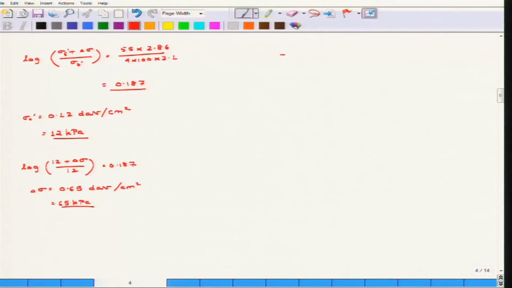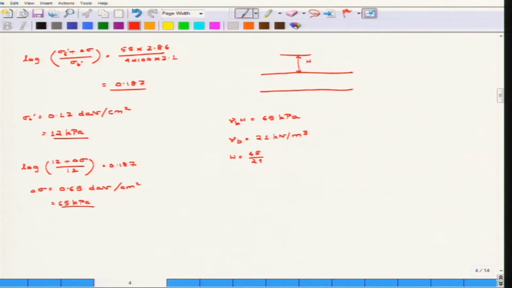So, this is the extra stress that is imparted on the clay layer. That means if this is the clay layer, and the height of the embankment is h, then gamma b, the density of the embankment, into h must be equivalent to 65 kPa. Now, as we all know, gamma b is already equivalent to 21 kilonewton per meter cube. So, h is 65 by 21, that is equivalent to 3.10 meter.